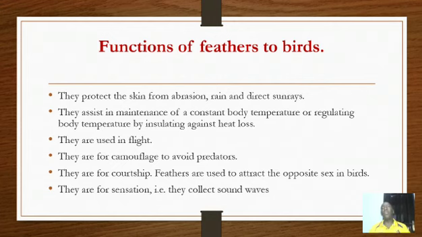Compare them with the poikilothermic. Poikilothermic are those whose body temperature changes with that of the environment, of that of the surrounding. Now coming back, because birds are homeothermic, they maintain a constant body temperature.